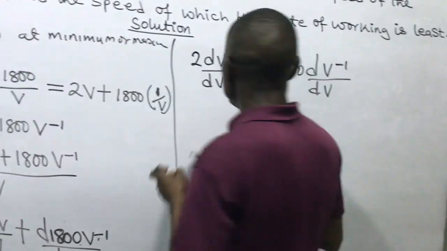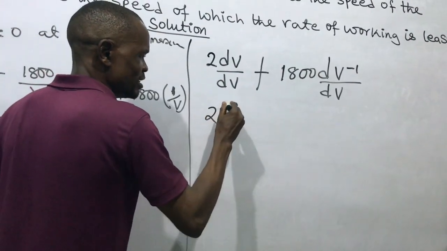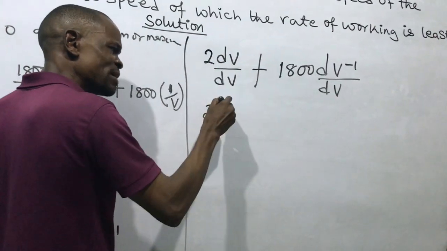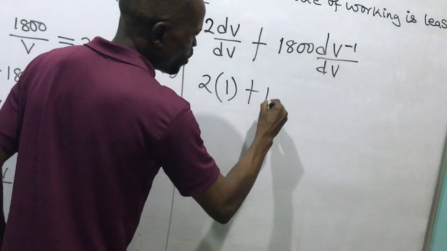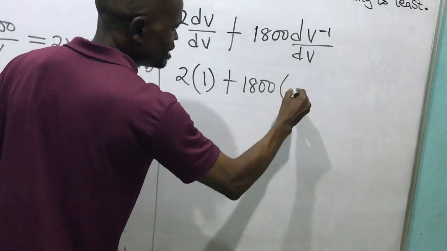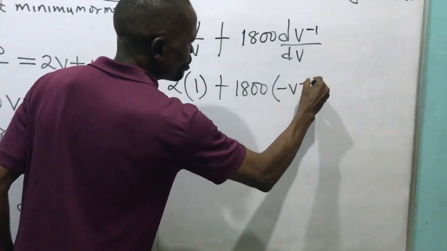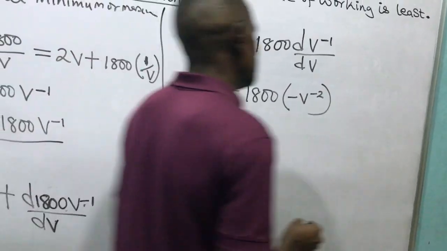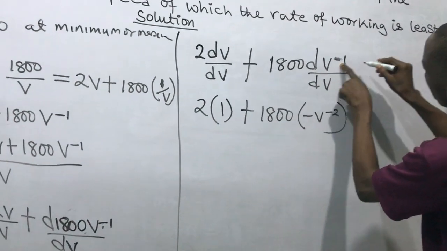Then the next thing, dV over dV will give me 1. Differentiating the velocity with respect to velocity will give me 1. Differentiating the other term will give me 1800 into minus V raised to power minus 2. Differentiating means I'm going to subtract 1 from the power.